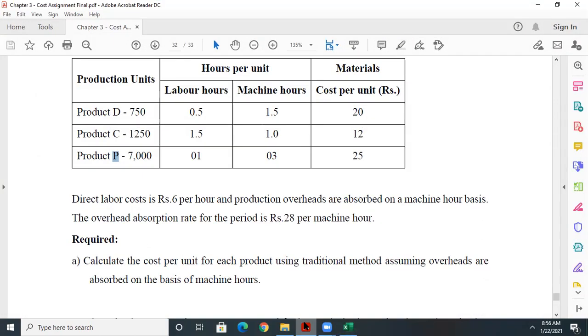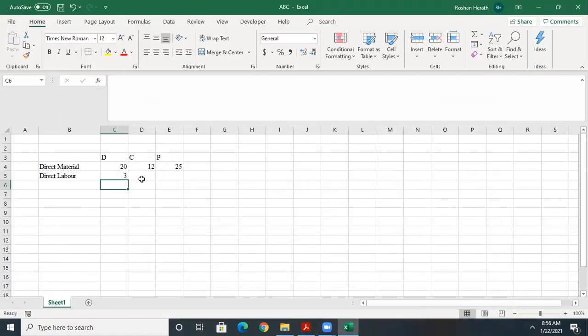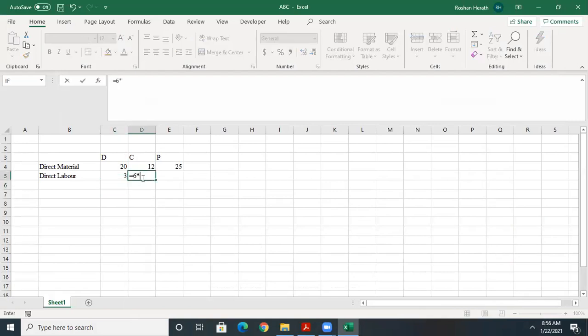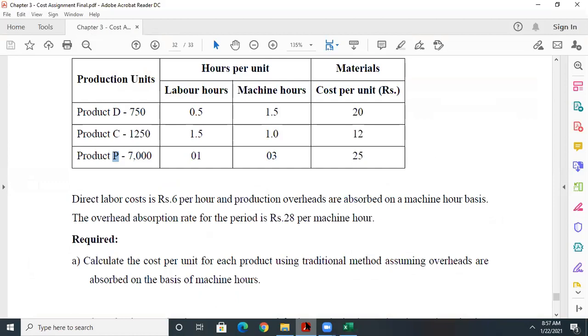It's 6 per hour, and the labor hours are given: 0.5, so 6 into 0.5, then 6 into 1.5, and then it is 1, so 6. So you work out the direct labor.